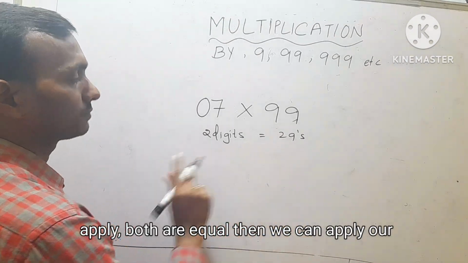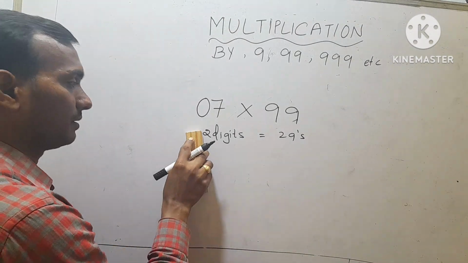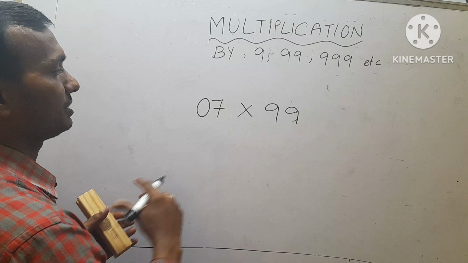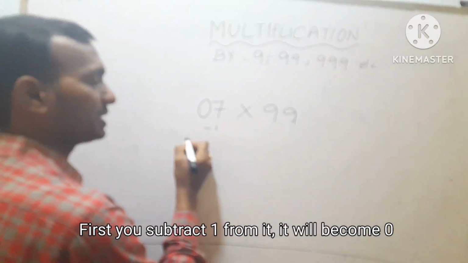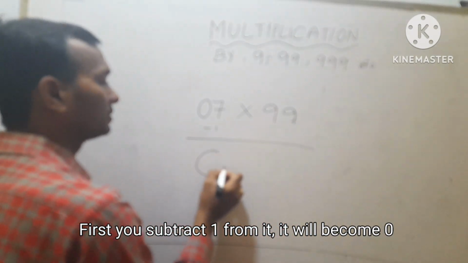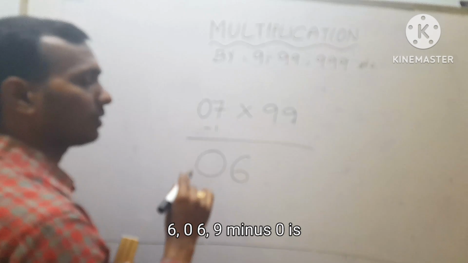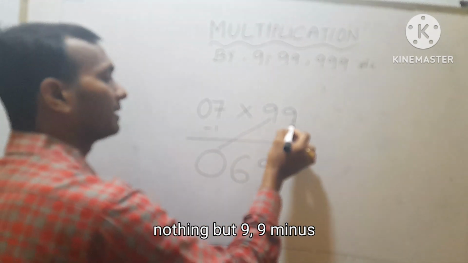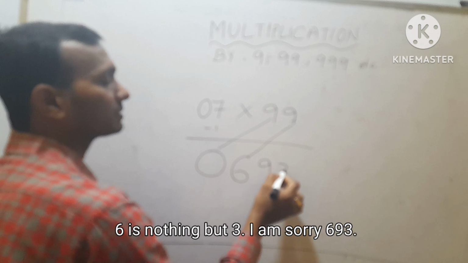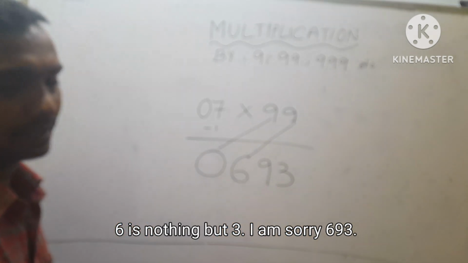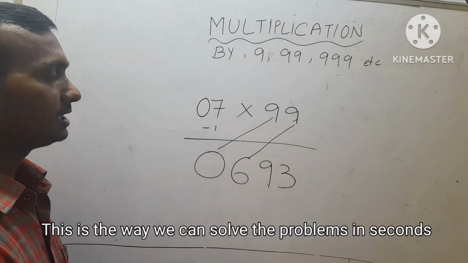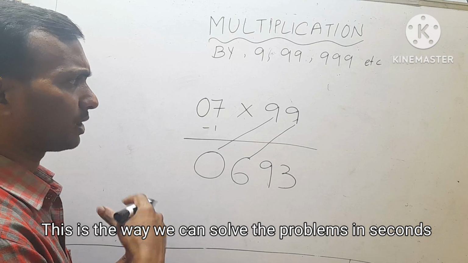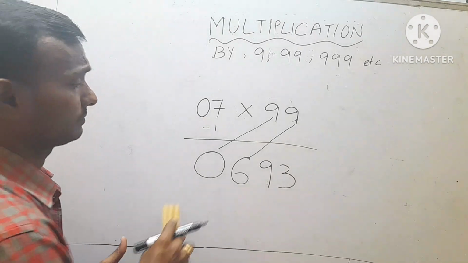Both are equal now. Then we can apply our technique. First you subtract 1 from it. It will become 06. 9 minus 0 is nothing but 9. 9 minus 6 is nothing but 3. Answer is 693. This is the way we can solve the problems in seconds.